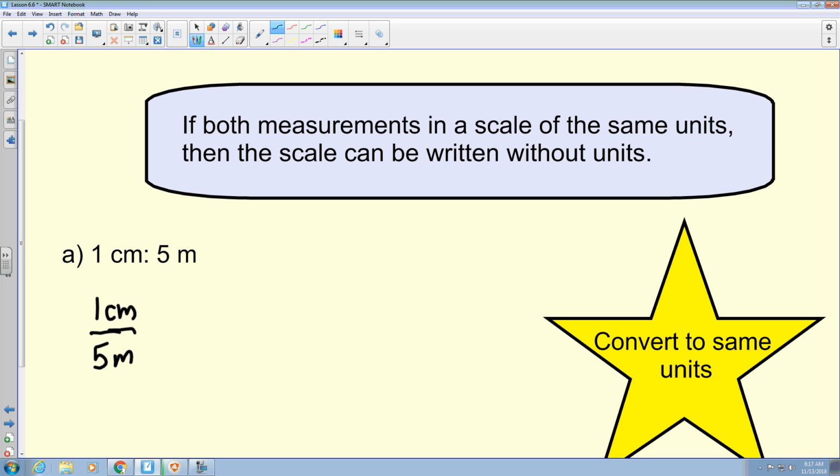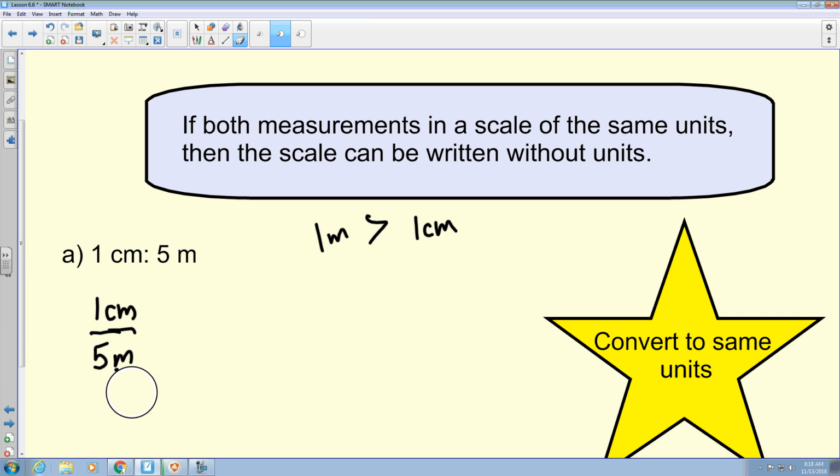So what you have to do now is determine what is the largest measurement. Is 1 meter or 1 centimeter larger? All right. 1 meter is larger than 1 centimeter. So that means that meter is the largest unit.